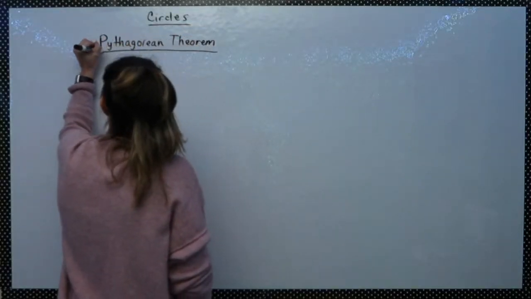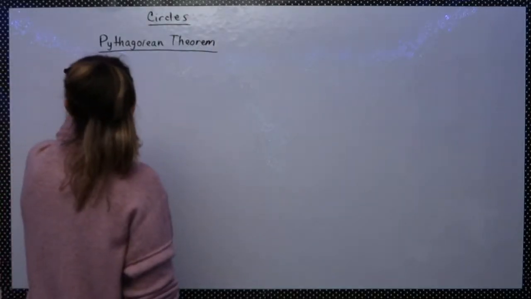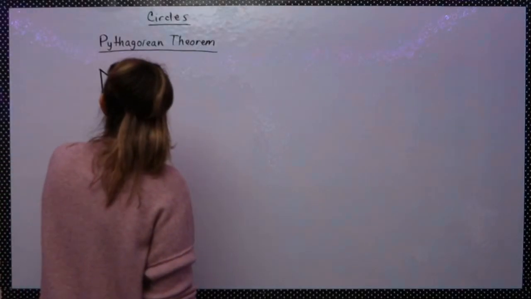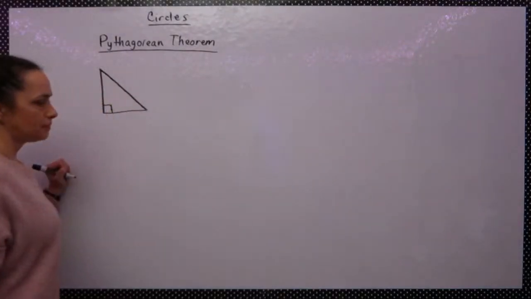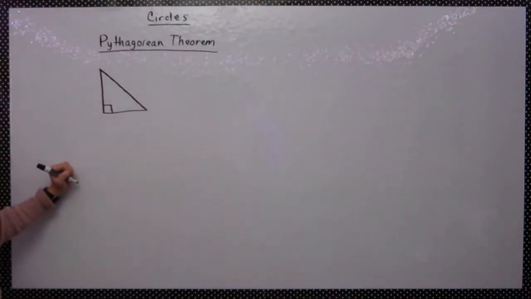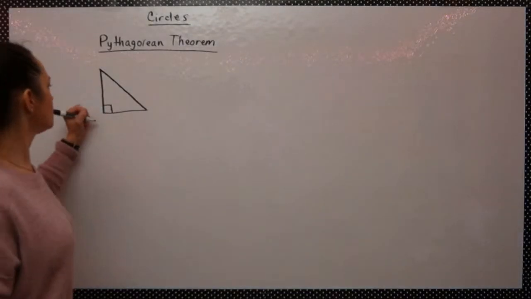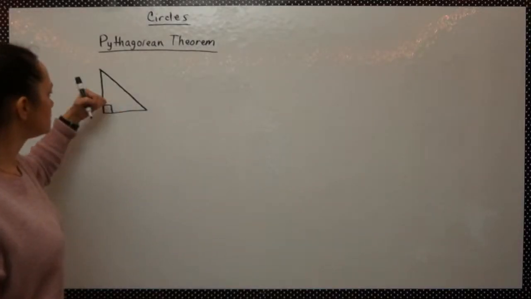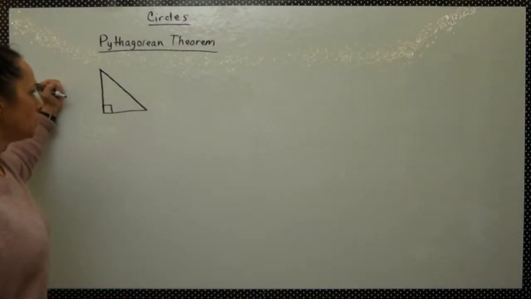And what the Pythagorean theorem generally states is that if you have a triangle and it's a right triangle, meaning that one of the angles is exactly 90 degrees, then you have the two legs, and then the longest side is always the hypotenuse.